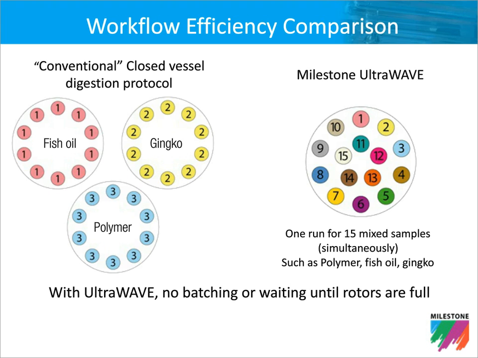In the UltraWAVE, because we're using that water bath, we do not have any single control vessel, so we can digest all of those samples simultaneously. In addition to that, we can also run blanks and SRMs all together. So once again, for the first time, we can run blanks, samples, and SRM materials and know they're being exposed to the exact same temperature and pressure conditions.